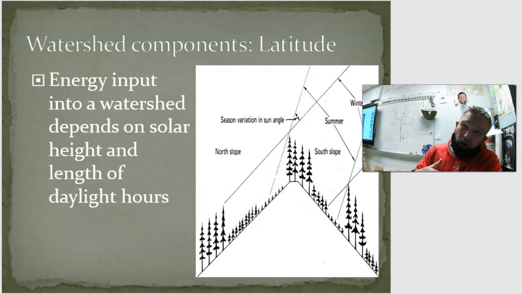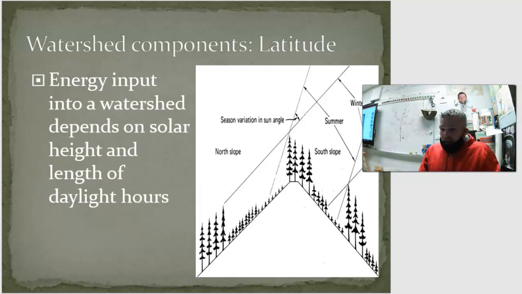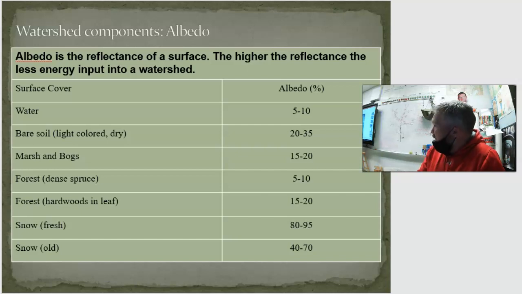We also talked about how energy input helps create weather and climate. More energy drives the weather events that then input water into the watershed as well. So latitude is one big component. It determines how much energy is input, which then determines wind, weather, and evaporation rates, if that makes sense.